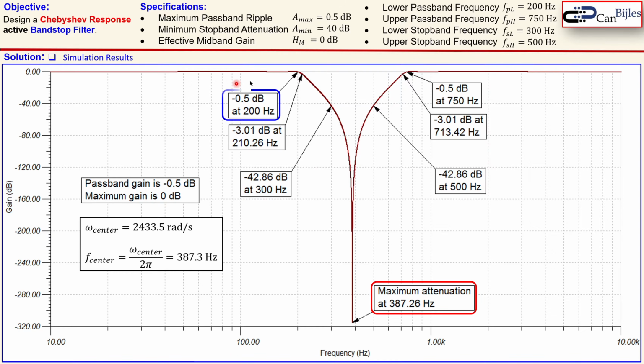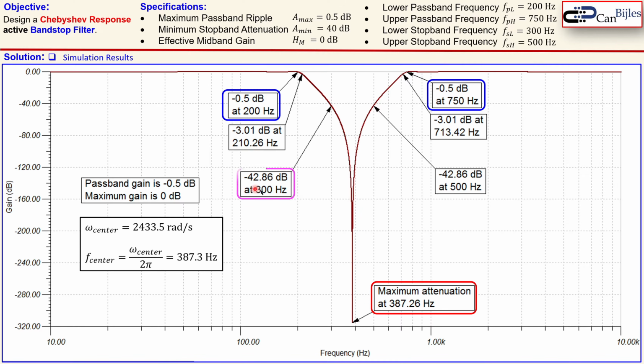The next one is our passband frequency and also the gain. Now at 200 Hertz, which was our lower passband frequency, we have a gain of minus 0.5 dB as required. We also have at the upper, which is 750, so it is also minus 0.5 dB, so we go down by 0.5 dB.